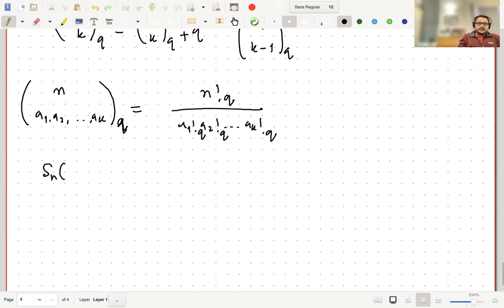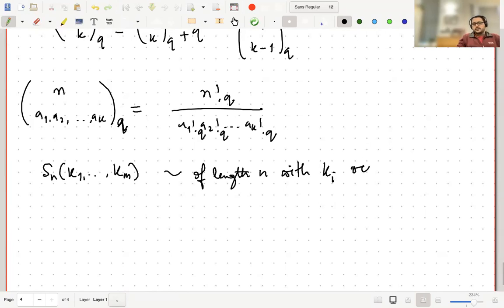let's define a sequence. S(n; k1, ..., km) is the set of all sequences of length n, and this is important, with ki occurrences of i.